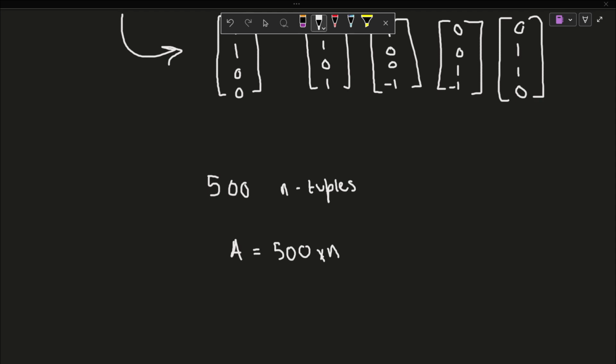And that's pretty useful to quickly understand whether your rows are going to be linearly independent, and that's also going to help you to find inverses, and that's one of the other rules for finding inverses.